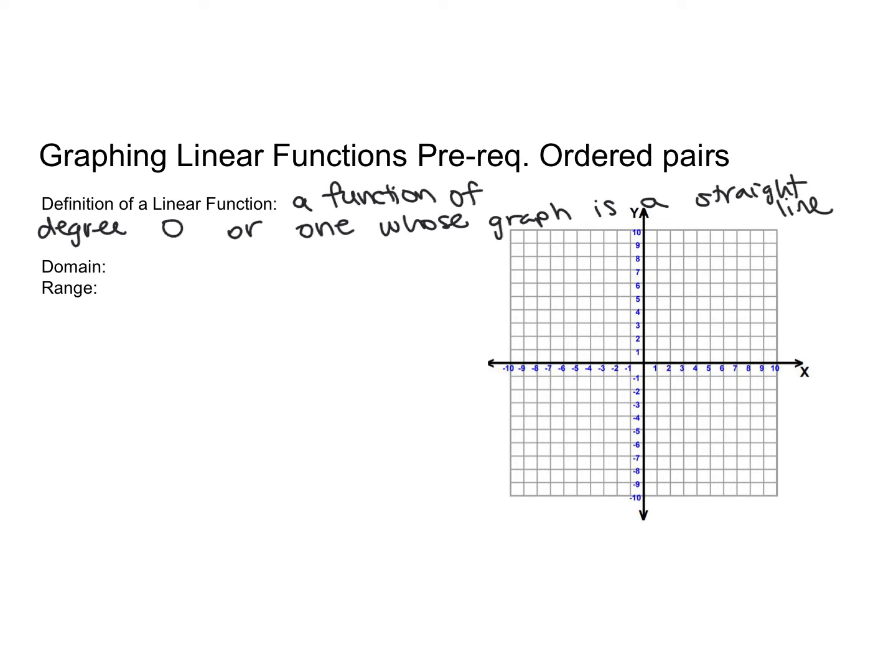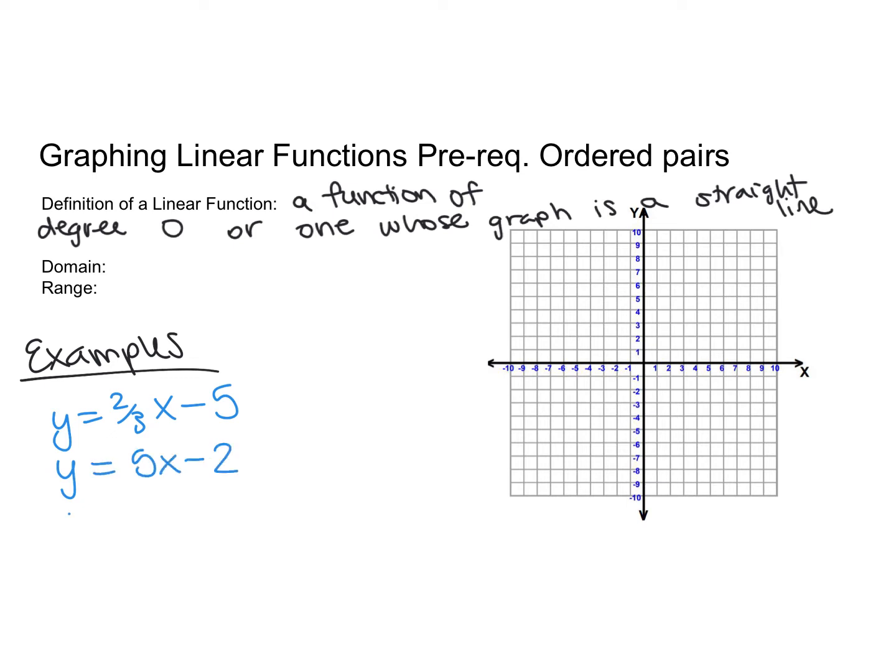Now, when we say degree, I'm going to show you what that's referring to. So degree of 0 or 1, let me put some examples here for you, would be like y equals 2/3 x minus 5, or y equals 5x minus 2, or y equals negative 7x, or y equals 2.